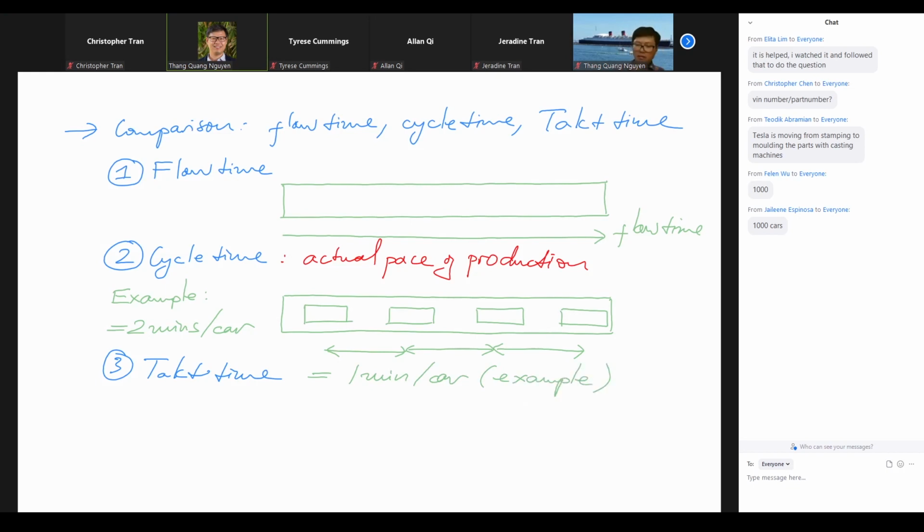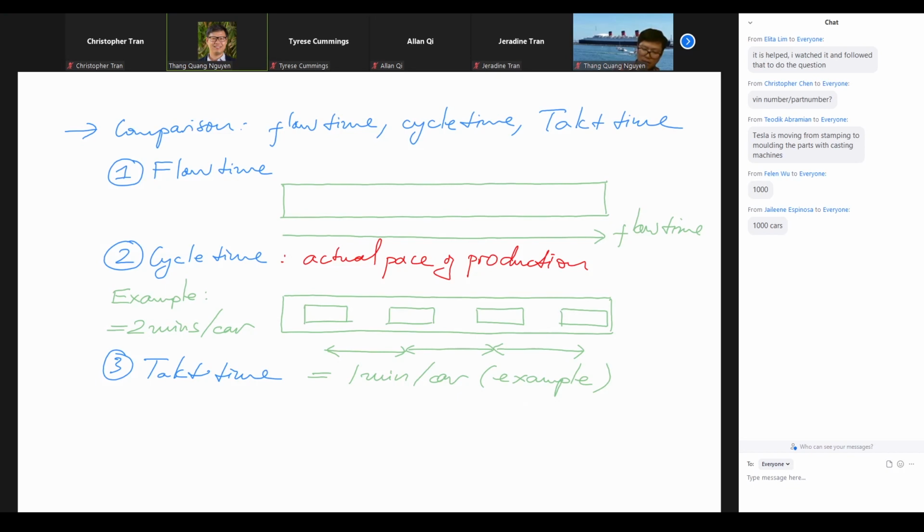Then it sounds like the cycle time, right? It's also how many minutes per car, but it is different. Okay, so the cycle time of 2 minutes per car is what is happening right now, whereas the takt time of 1 minute per car is what we want it to be, right? So let me make the note here.